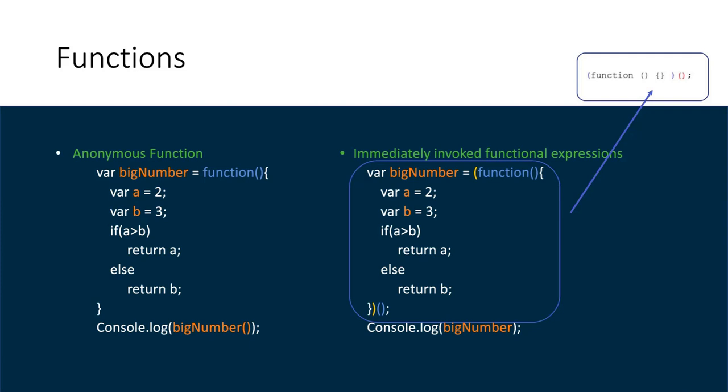What it does is it executes the function at the same point it is being defined. So big number is not a function anymore, rather it will take the final value. In this case, the value of b will be the value saved in big number, which is equal to 3. So both these functions will print the same number. But the only difference is that the left one is a function and the right one is a value.